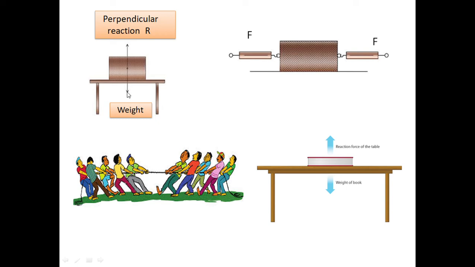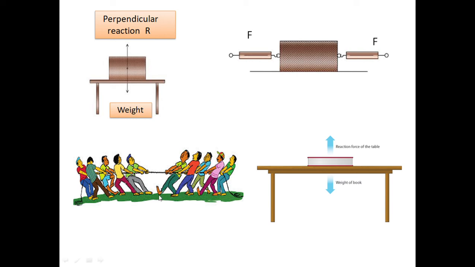Now you have to mark the weight and the perpendicular reaction like this. Now if you take this example, there are two opposite equal forces. That means the object is in a balanced position, in equilibrium. These two opposite forces are equal and opposite in direction, equilibrium.